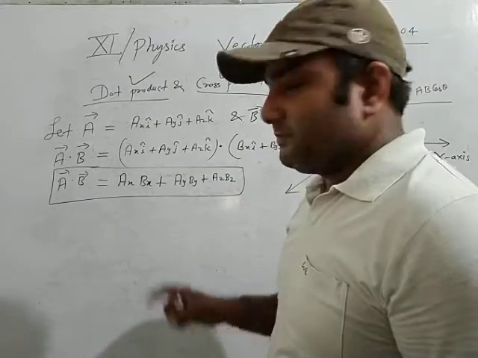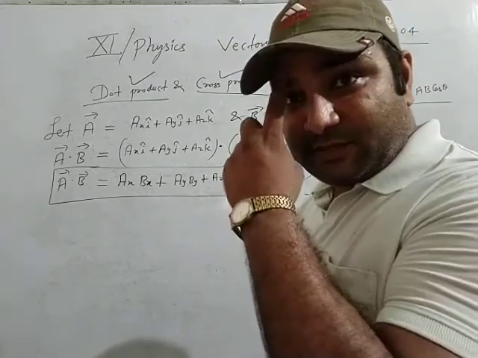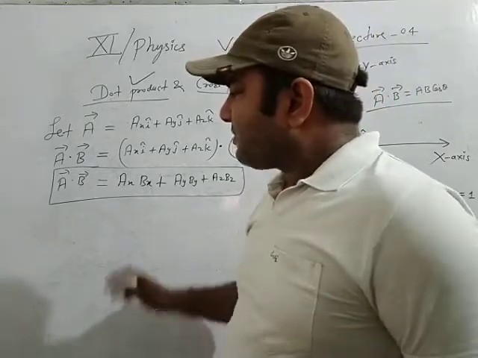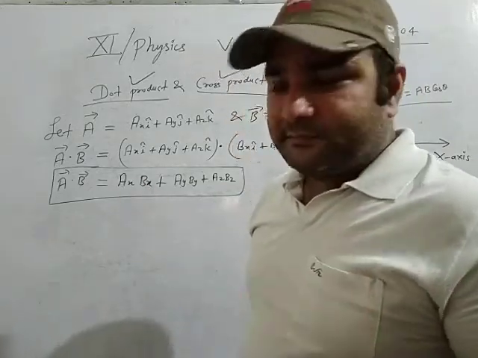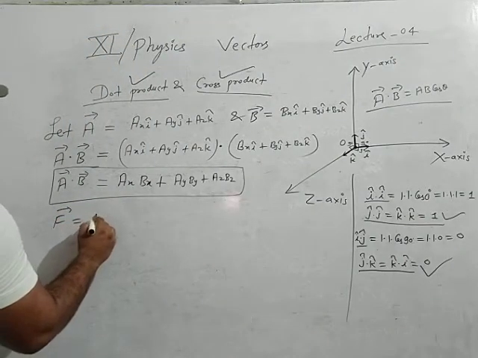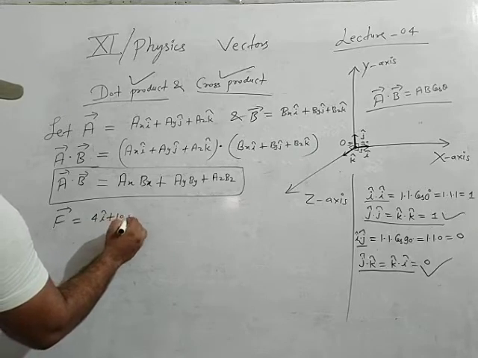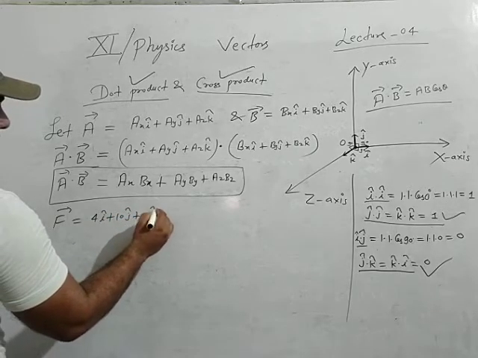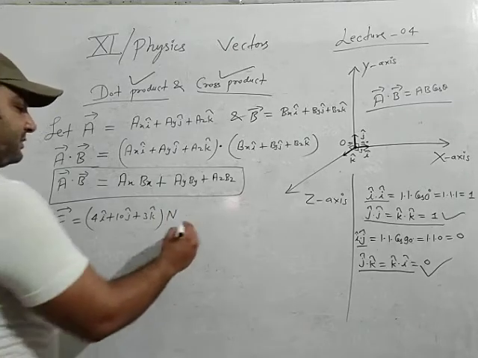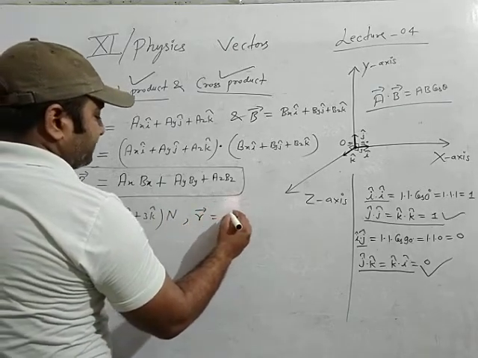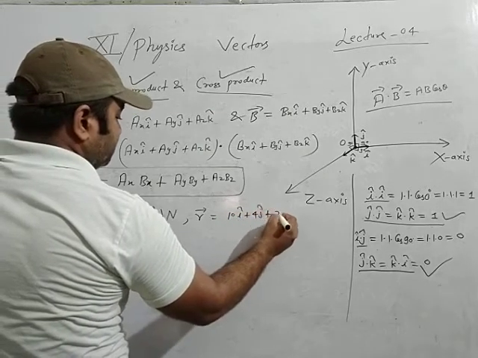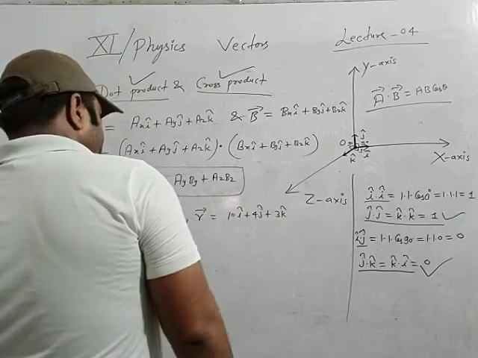Suppose I am going to solve a numerical based on this concept, and you just listen carefully. A force of 4i plus 10j plus 3k newton is applied on a body, making a displacement of 10i plus 4j plus 3k.